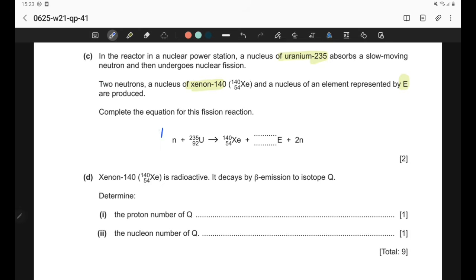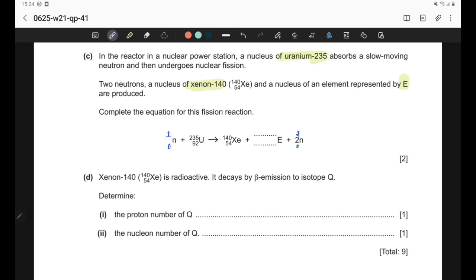So this is the equation, where we can see 1 neutron. The neutron always represents 0 and 1, with 1 for the mass number. And at the RHS of the equation we have 2 neutrons, so 2 neutrons means 2 at the mass number and 0 at the bottom.